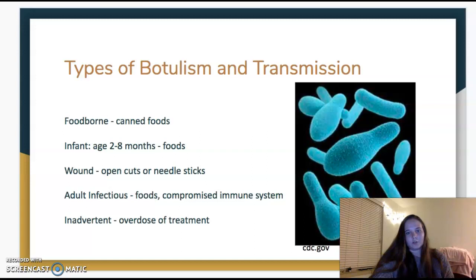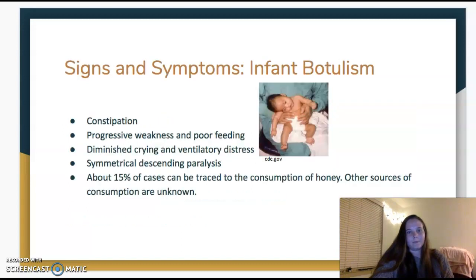Adult infectious, when you consume foods that have it in small quantities and you have a compromised immune system. And inadvertent is an overdose of treatment, botulinum A, so Botox.